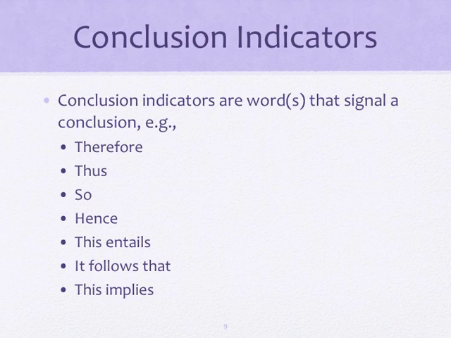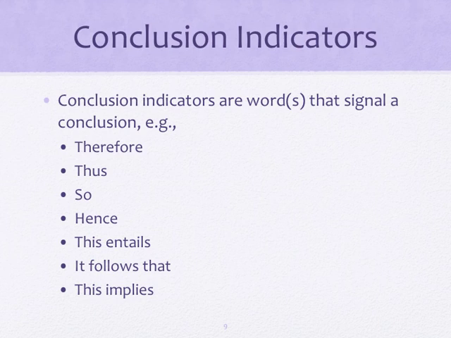Now, a question I often get from students is, what about if? Isn't if a premise indicator, or maybe it's a conclusion indicator? And it turns out that if can appear in front of premises and conclusions. Here's an example. If Ryan lives in Gilroy, then Ryan lives in Santa Clara County.